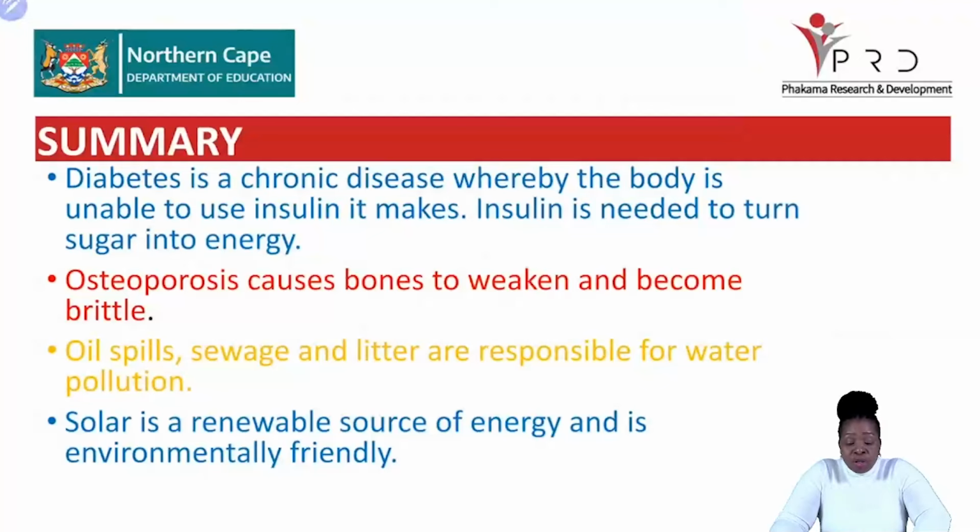And osteoporosis causes bones to weaken and become brittle. And oil spills, sewage, and litter are responsible for water pollution. And solar is a renewable source of energy and is environmentally friendly.